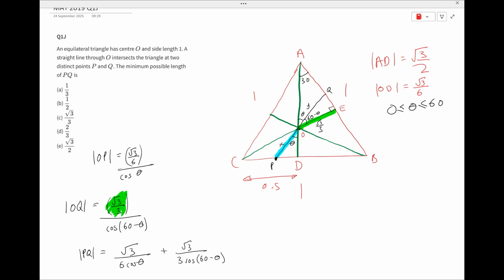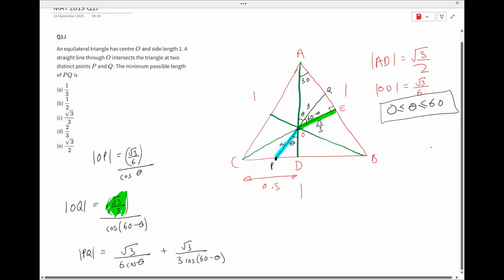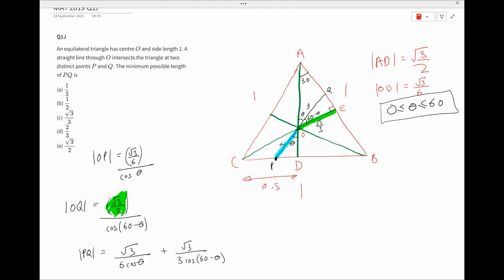There's a little issue here because of the 60 minus theta and the fact that theta can only go between 0 and 60. We know from here that this function has a period of 60, and we also know that cos is an even function, so cos of minus theta equals cos theta. From those two things we can kind of guess that theta would be 30.